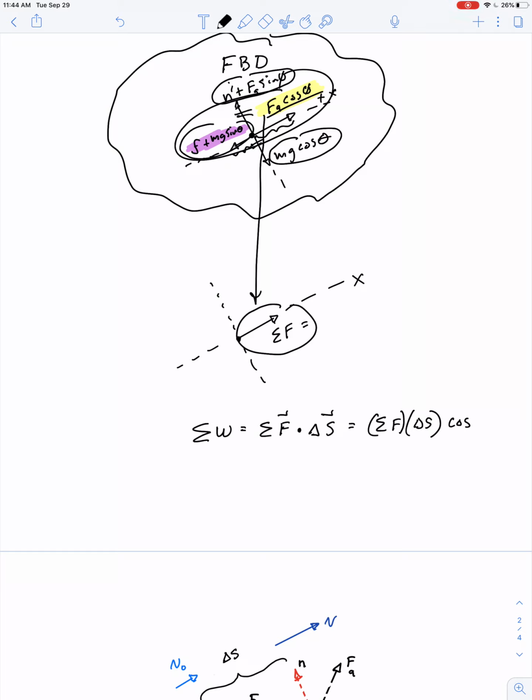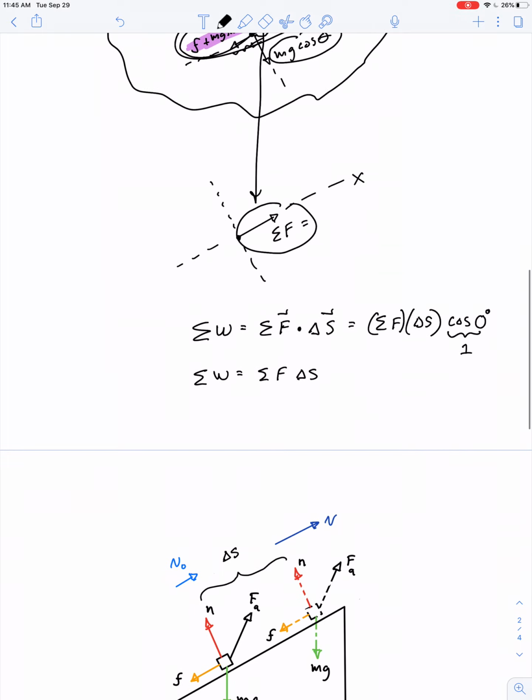But based on the way we defined our x-axis, we have a guarantee that that angle is going to be 0 degrees, and as we know, the cosine of 0 degrees is just 1. So the net amount of work is equal to the net force multiplied by the displacement. And by Newton's second law, what can we replace with net force? ma, right? So the net amount of work done is equal to the mass of the block times acceleration times the displacement up the incline.